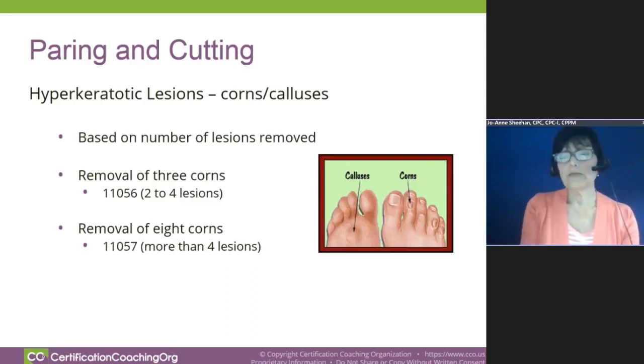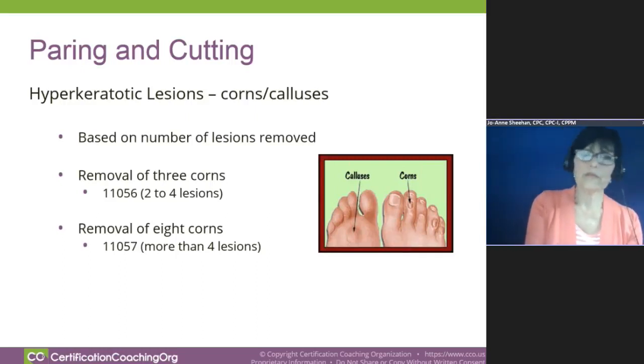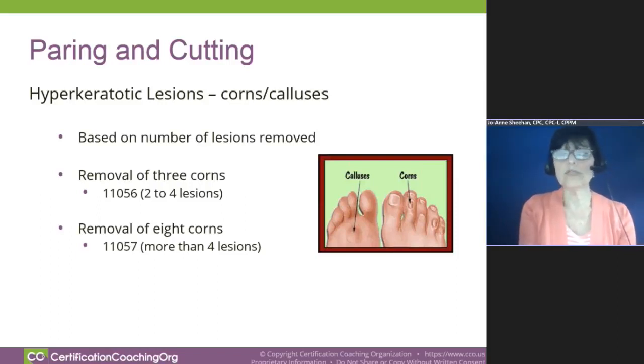Okay, so if you code 2 to 4, it would be 11056 and 11057 if it's more than 4. There's also a code 11055 for 1 lesion, but it seems that in most cases the 11056 is the most popular. These 2 codes are used in podiatry quite a bit.